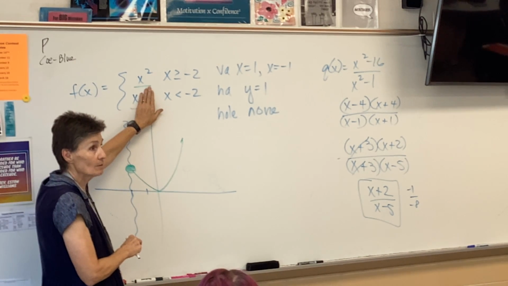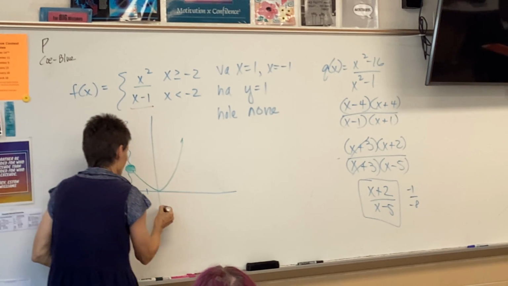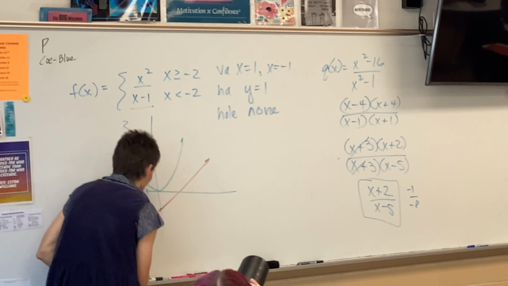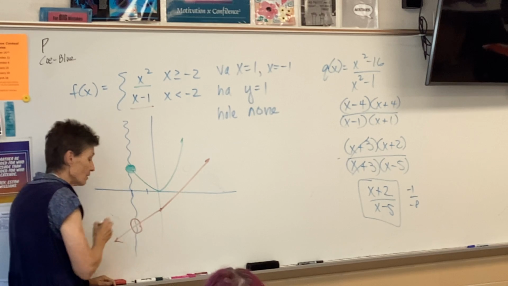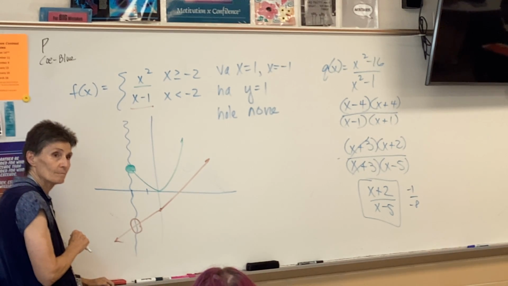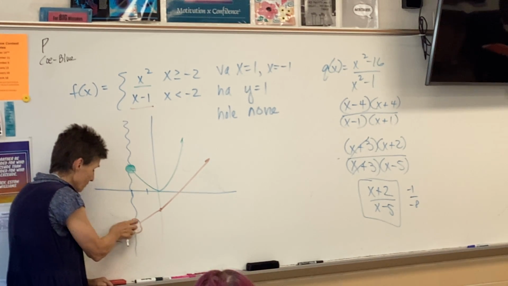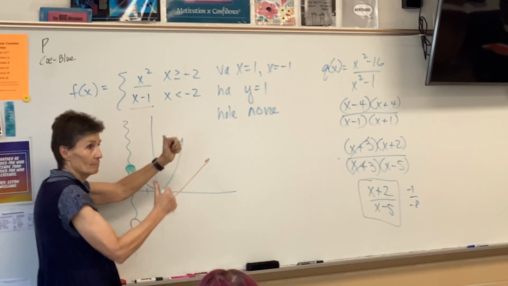Isn't that your linear? Yeah. Down one? Yep. It hits right there. That will be an open dot. And what part will I keep?